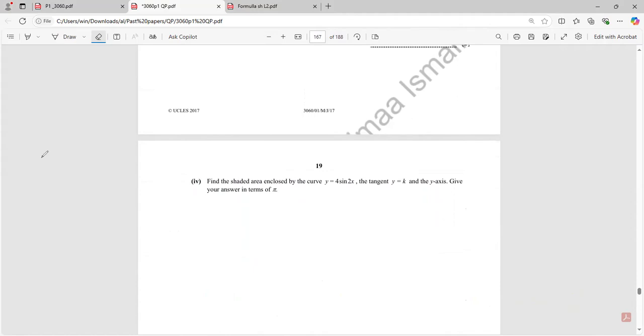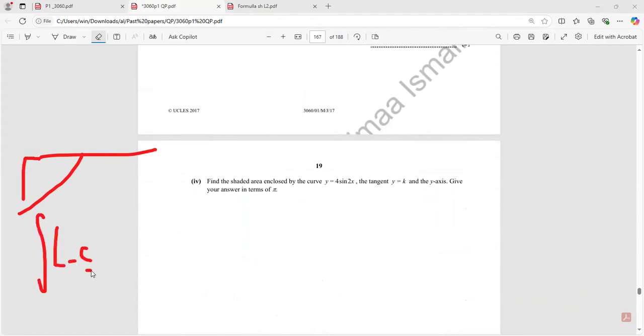As you see, we have a line, and beside the line there is a shaded area. So it will be the integral of line minus curve, enclosed by x equals 0, which is the y-axis, and x equals pi over 4.